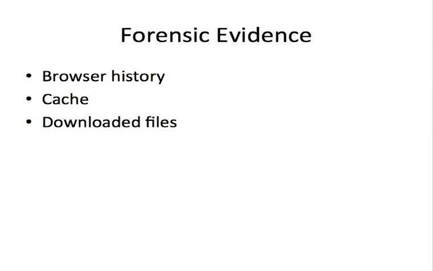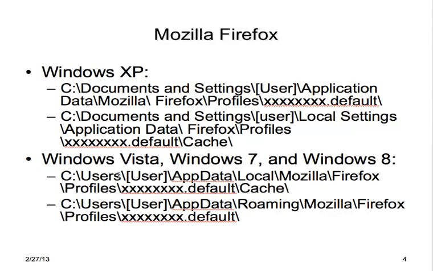Let's first talk about Mozilla Firefox. As you can see on the screen, the files of evidentiary value are kept in different places depending upon, as I said earlier, the operating system. I'm not going to go through all of it, but in Windows XP it differs from Windows Vista, 7 and 8, although it's consistent across the latter three.